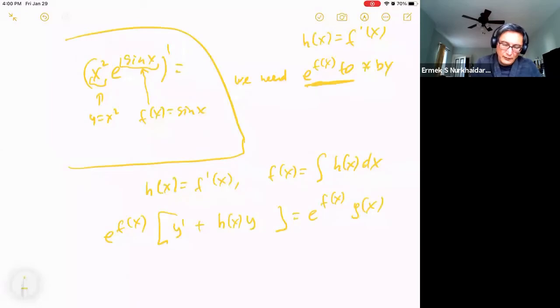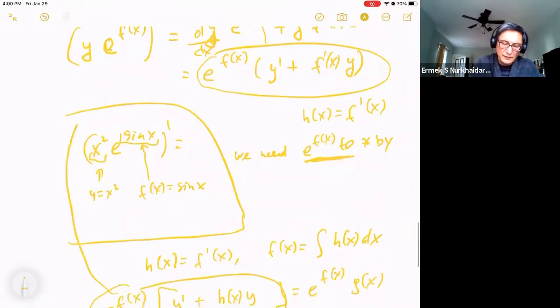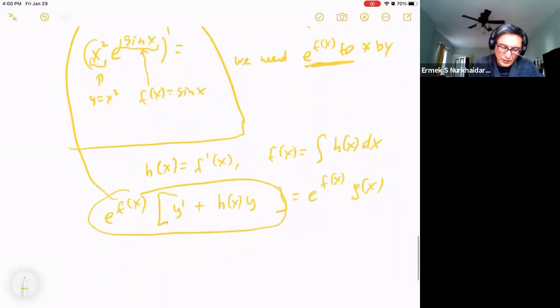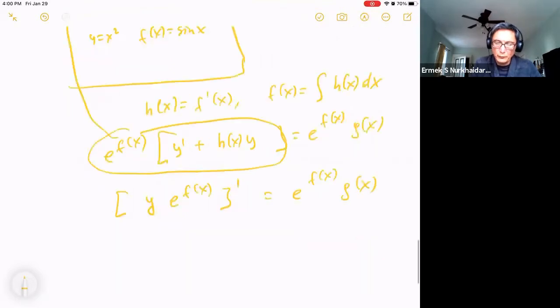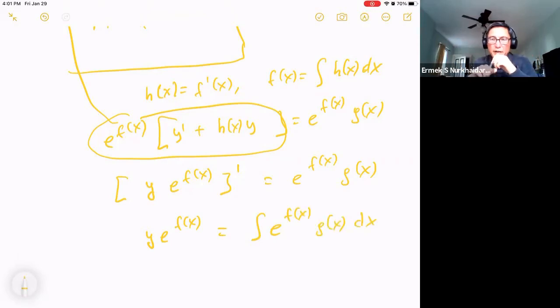The good thing is that the left side is going to be the derivative of y times e to the f of x. Then y times e to the f of x is going to be equal to the integral of e to the f of x times g of x, and basically we will be done if we can find that integral.